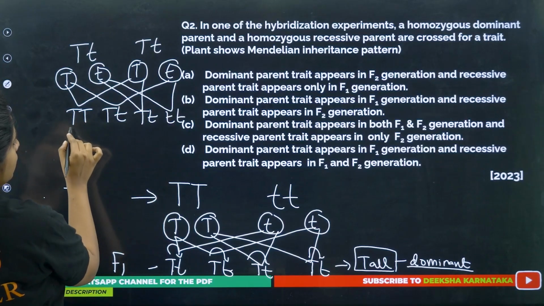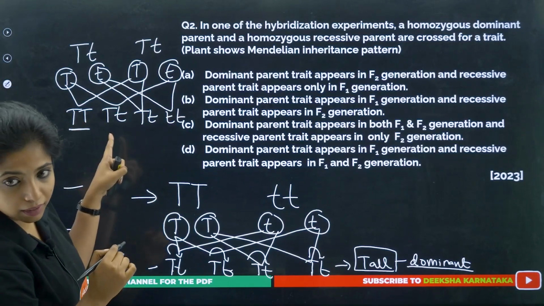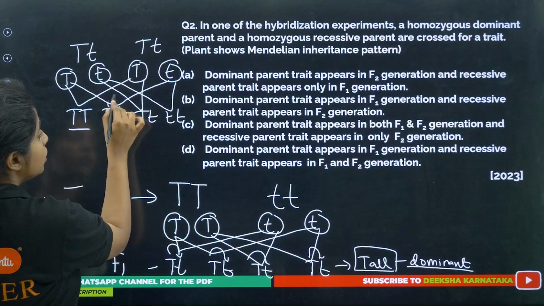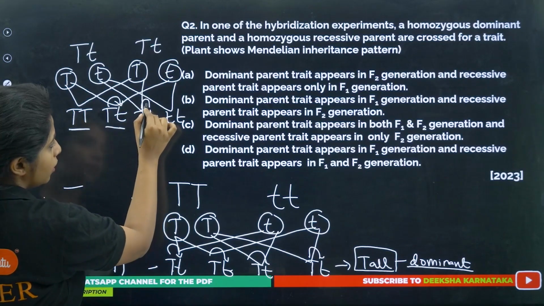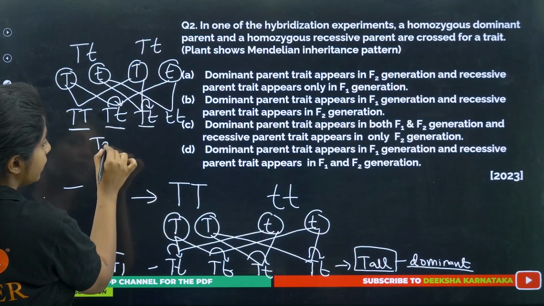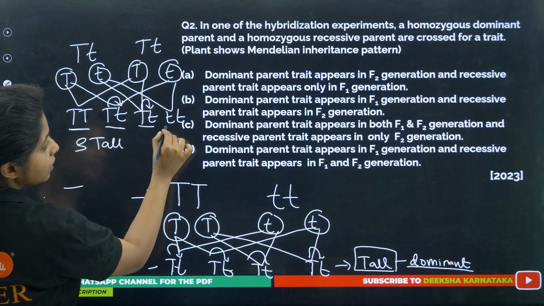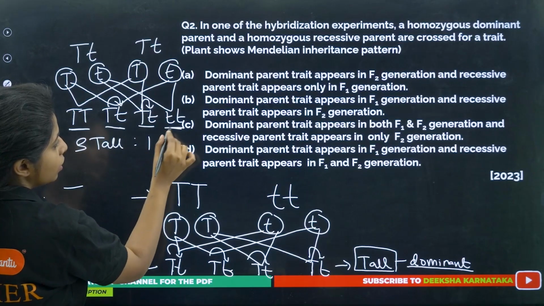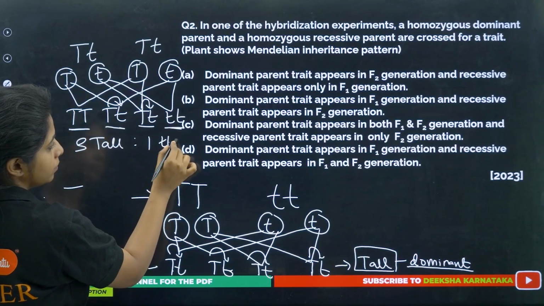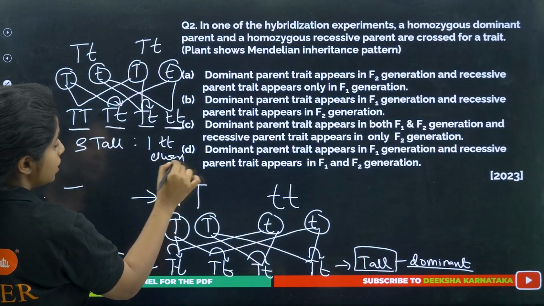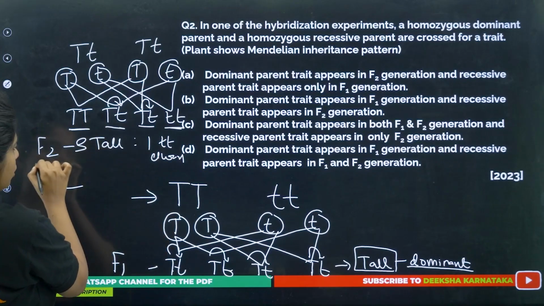So this will be tall because both of them are capital T. This will also be tall because this is dominant. This will also be tall because this is dominant. So I got 3 tall. And then there is one that is dwarf, small t, small t. That is dwarf. This is the F2 generation.